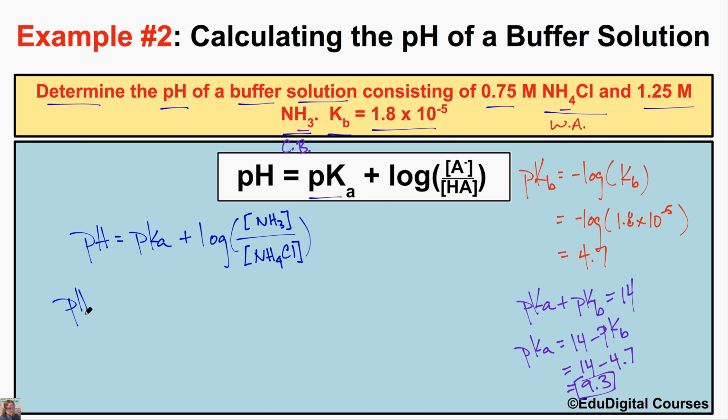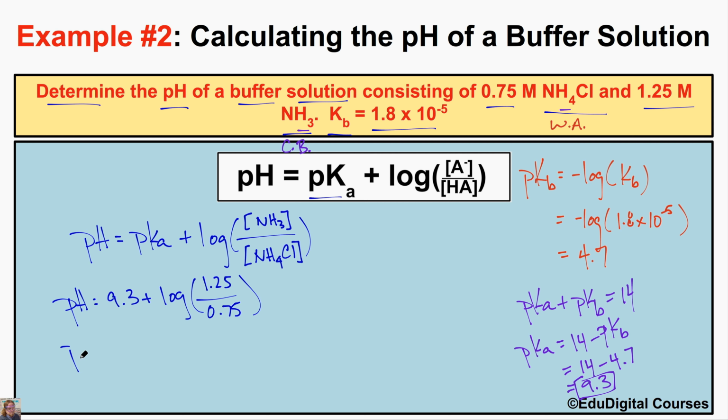So the pH of this buffer solution is going to equal 9.3 plus the log of our conjugate base concentration, which it tells us is 1.25 molar, all divided by the concentration of our weak acid, which is 0.75 molar.